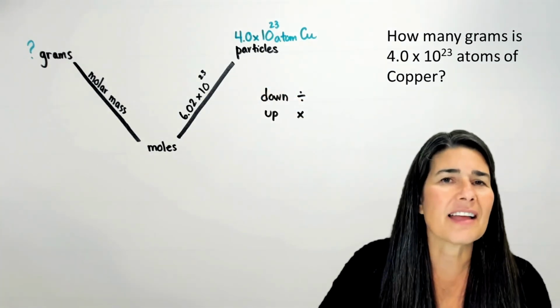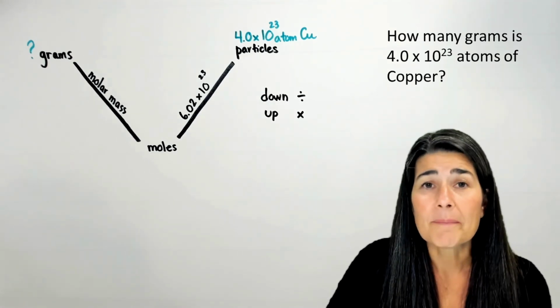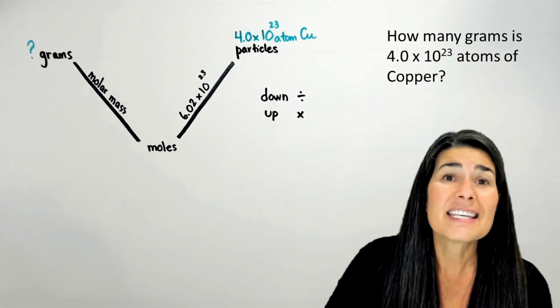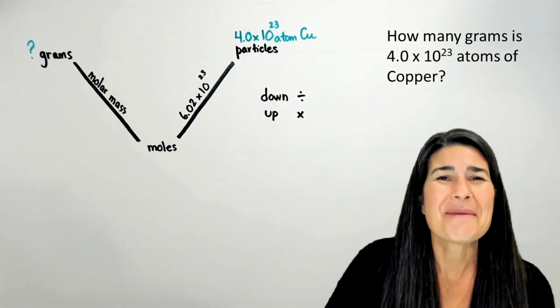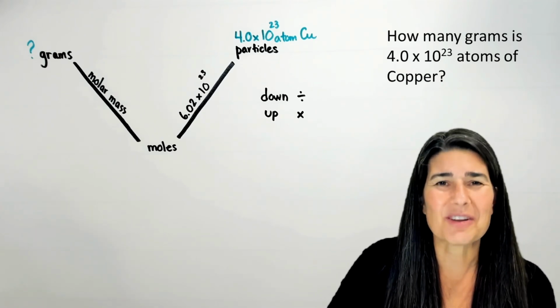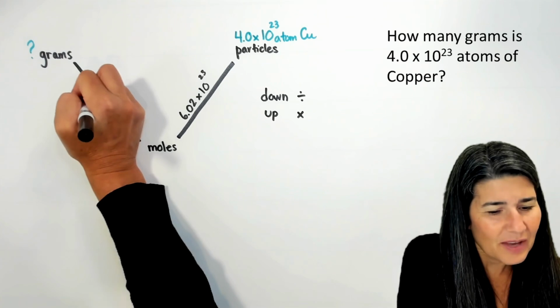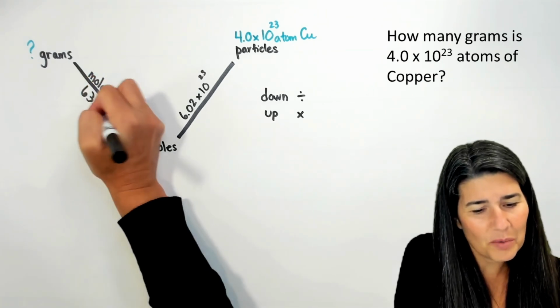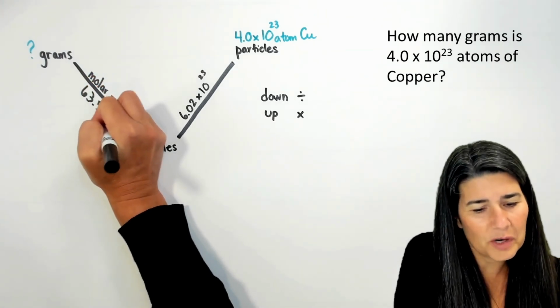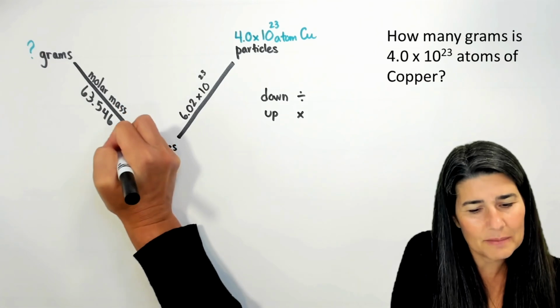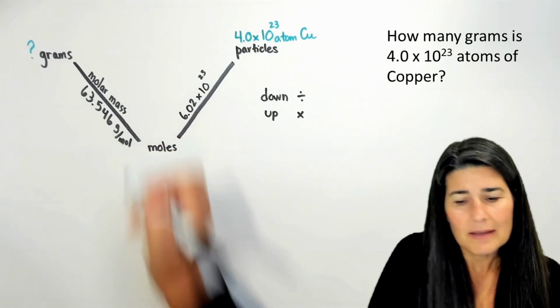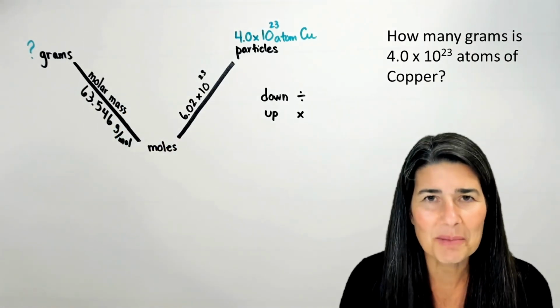If you look on the periodic table for copper, it has a molar mass of 63.546 grams per mole. I'm going to write that right next to my molar mass.